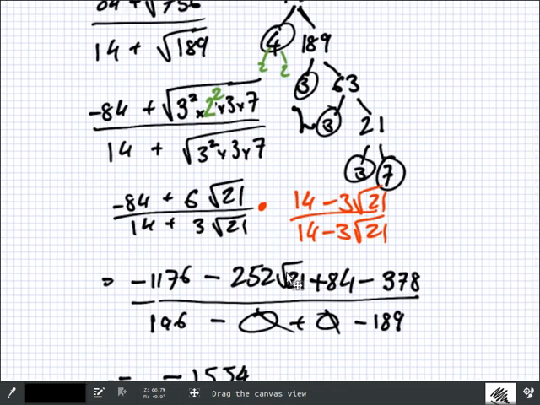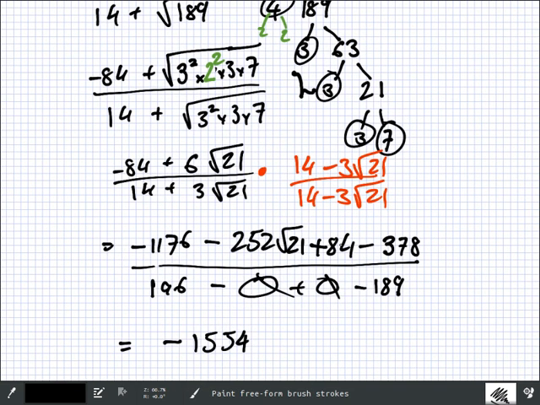I think I lost the root somewhere, didn't I? When I multiplied out the top, I lost the root 21. It was this one. It should have been a root 21 there, I just didn't write it down. Okay, so minus 252 root 21 plus 84 root 21, 168 root 21.